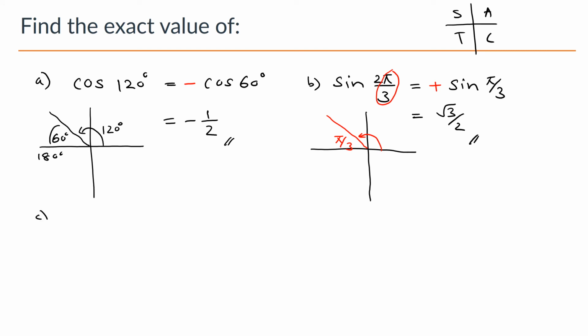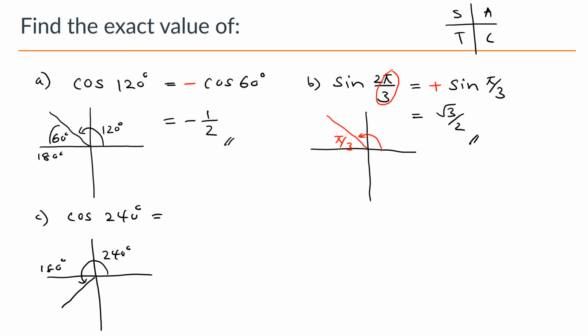And then C. Next we do cosine 240. You can see this is more than 180 and less than 270, so that means this is in the third quadrant. The angle closest to 240 is 180.